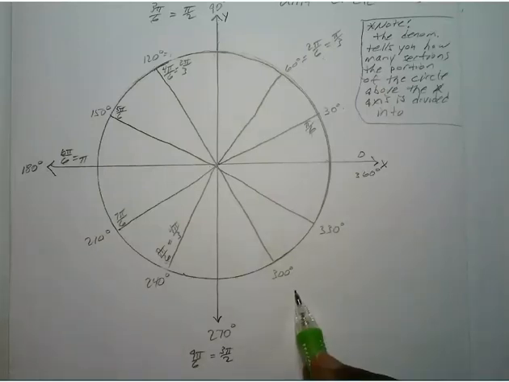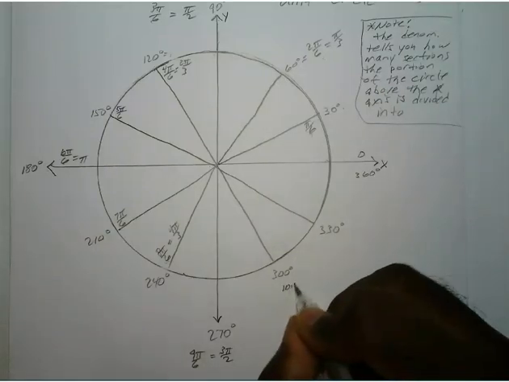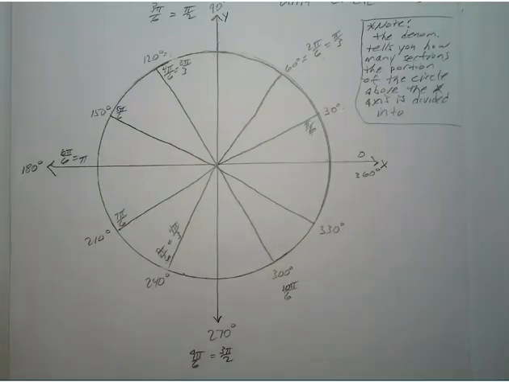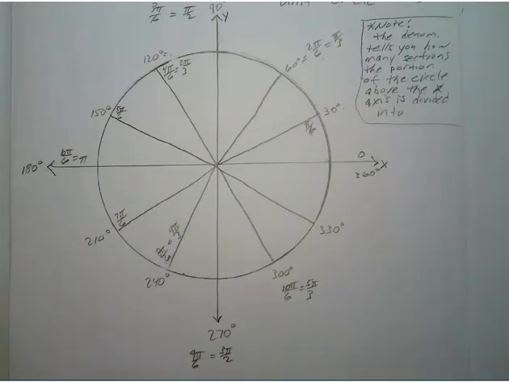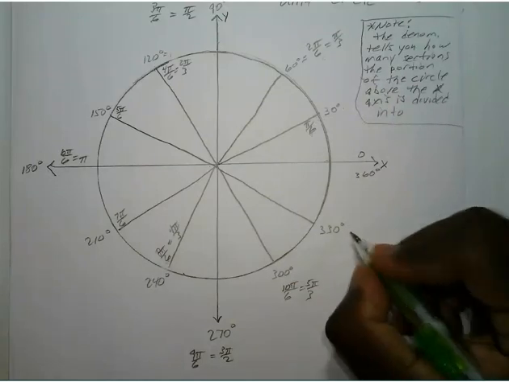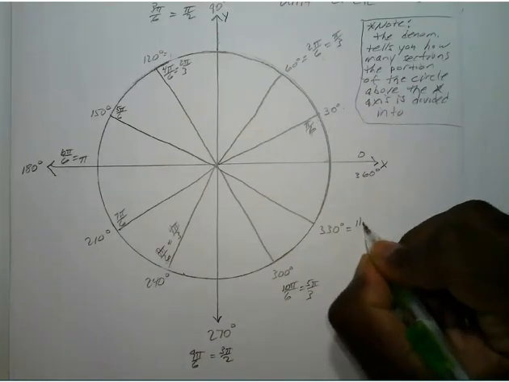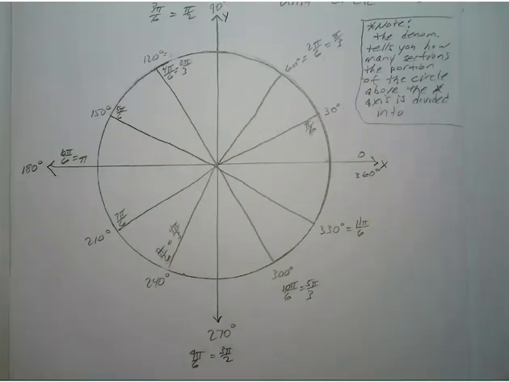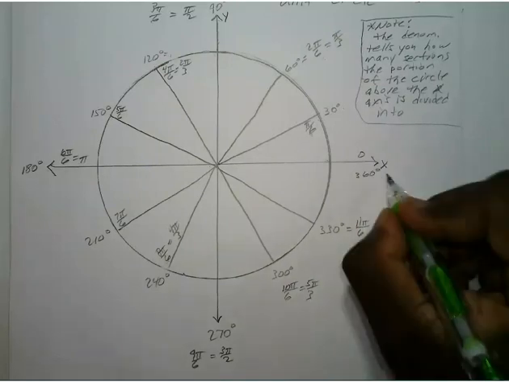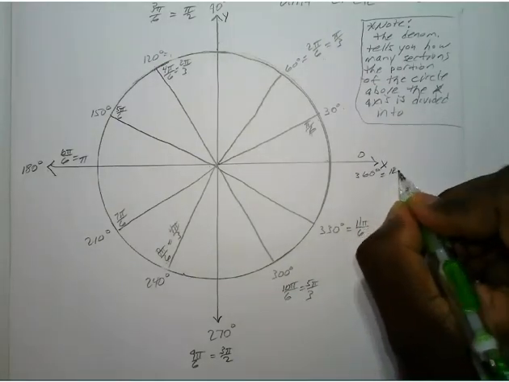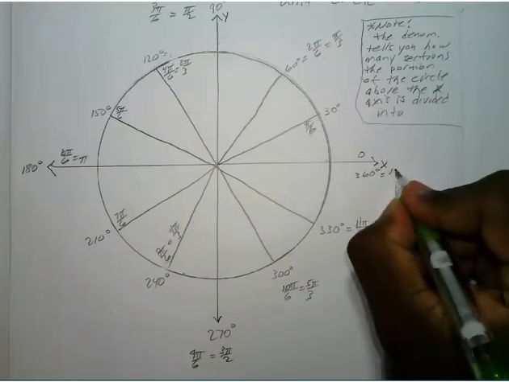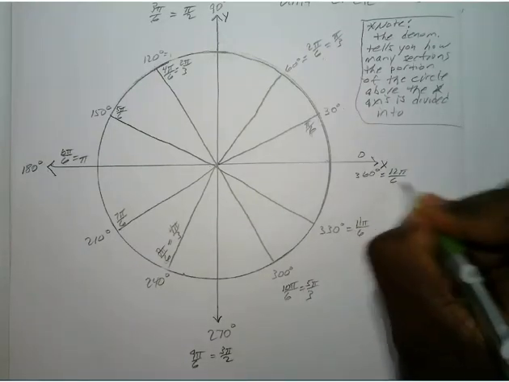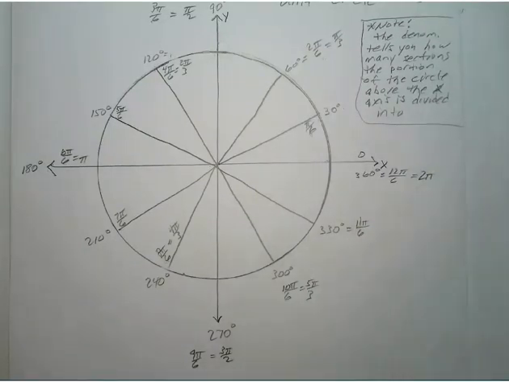You have 10 pi over 6, which is 5 pi over 3. You have 11 pi over 6, which can't be simplified. And then you have 12 pi over 6, which is just 2 pi.